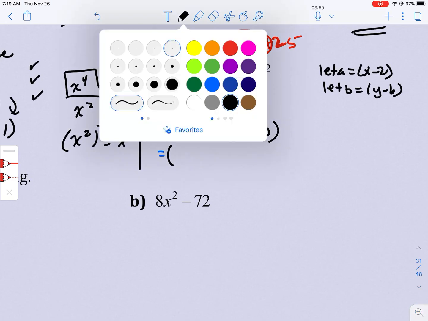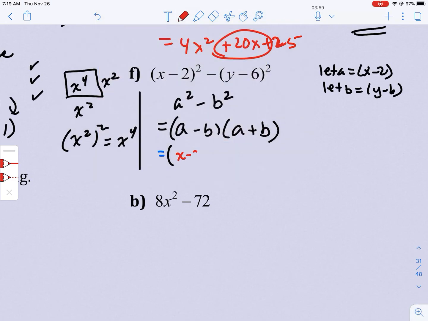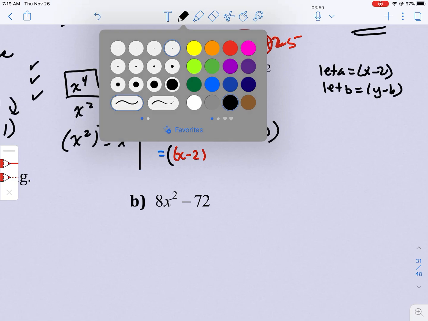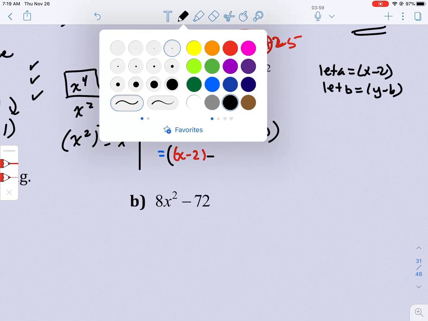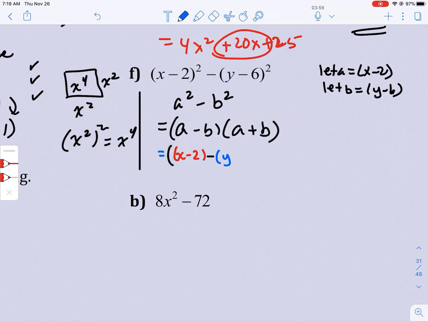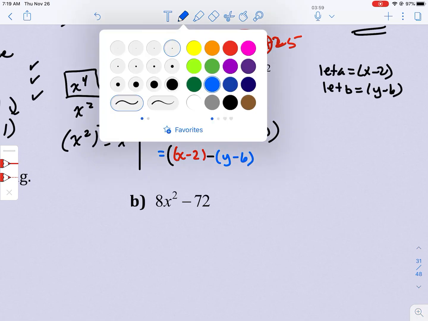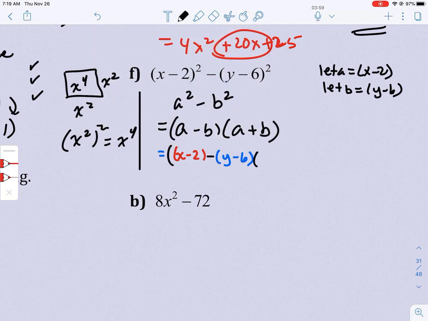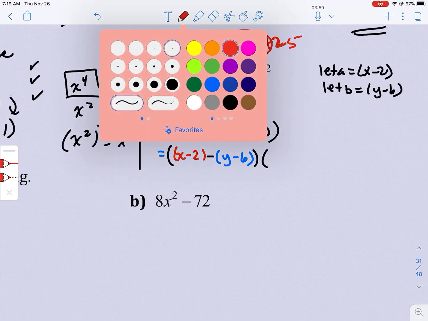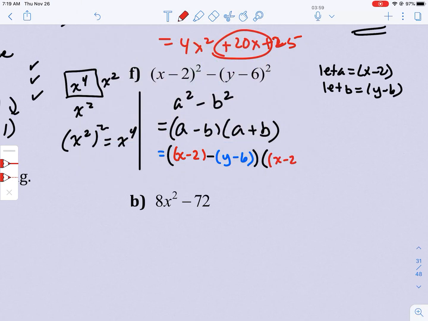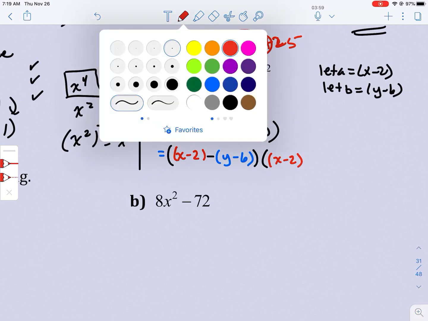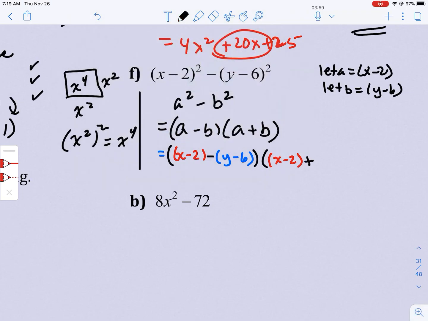My a is x minus 2 minus our b, which is y minus 6, and again our a is x minus 2 plus our b, which is y minus 6.